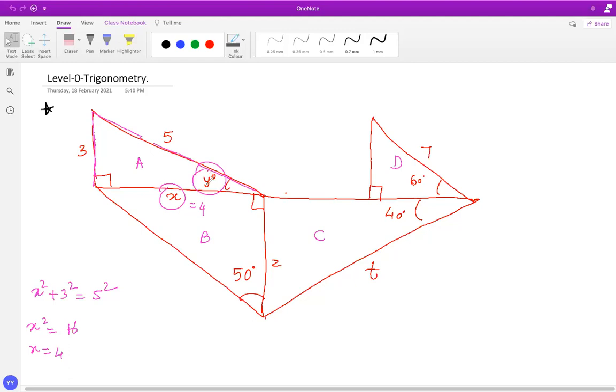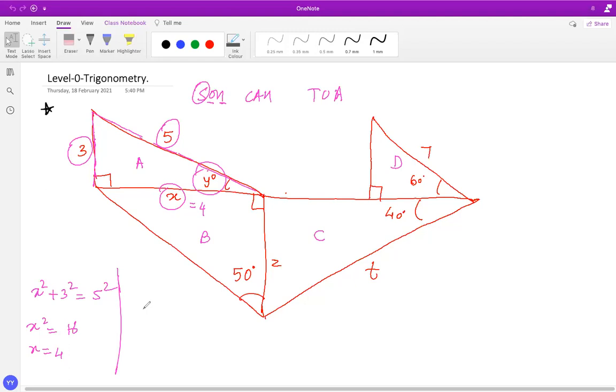But to get the value of y, which is one of the angles, I have to use a given ratio. Out of the three in SOH CAH TOA, I can use opposite and hypotenuse, since both are given and I want to find the angle.